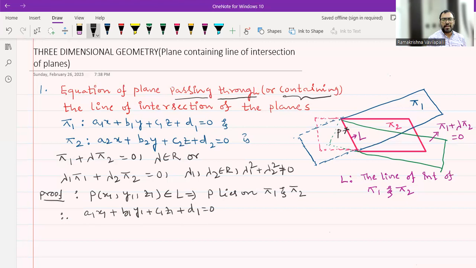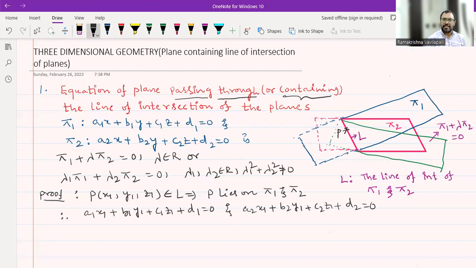And substitute the same point P in pi2. You will get a2x1 plus b2y1 plus c2z1 plus d2 equal to 0, since the point lies on both the planes.